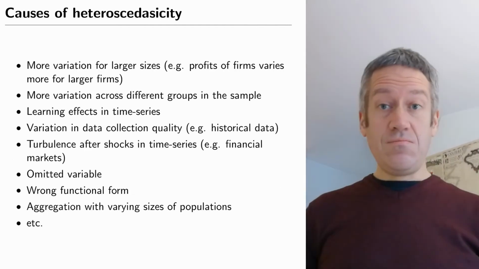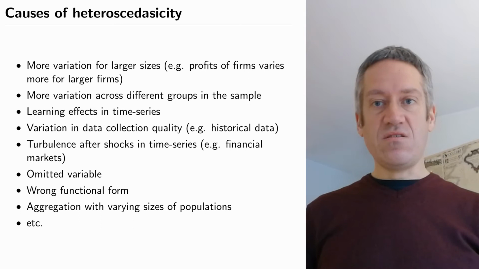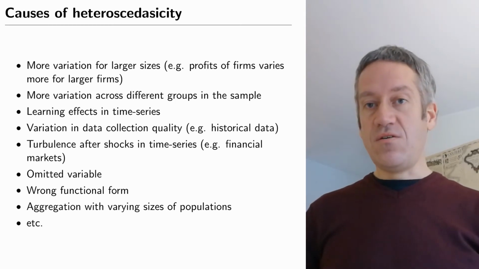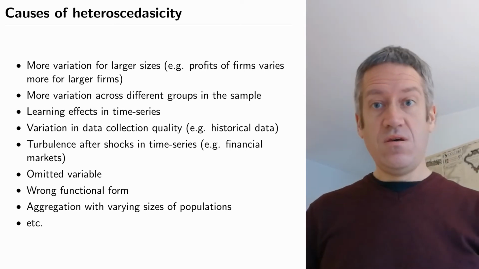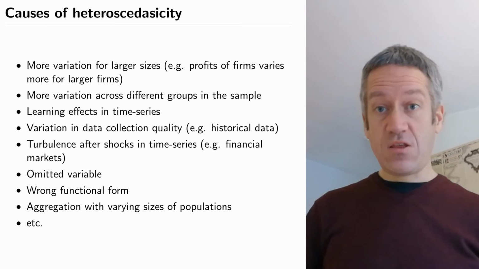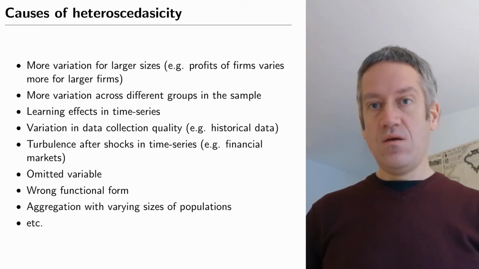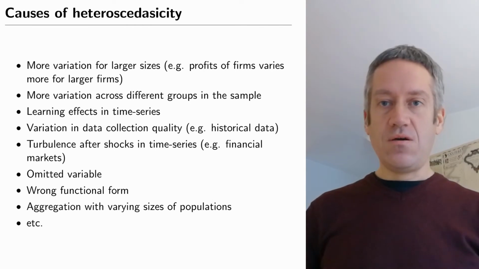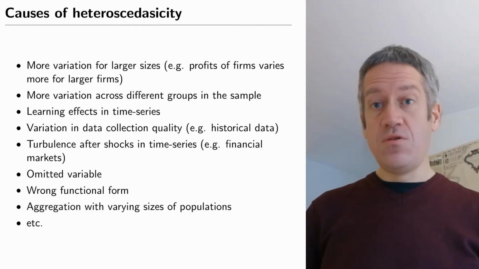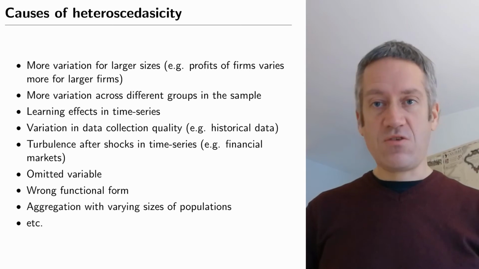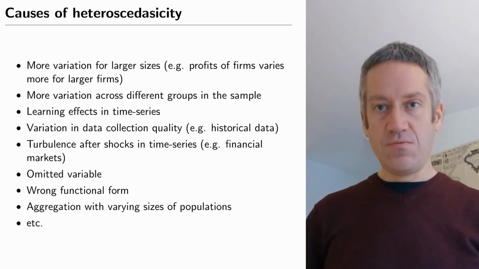Now there are many potential causes of heteroskedasticity. If I look at firms making profits, the variation in profits for large firms will be much larger than the variation in profits for small firms. If I look at behavioral variables across different groups, one kind of group might show much greater variation in behavior than another group.